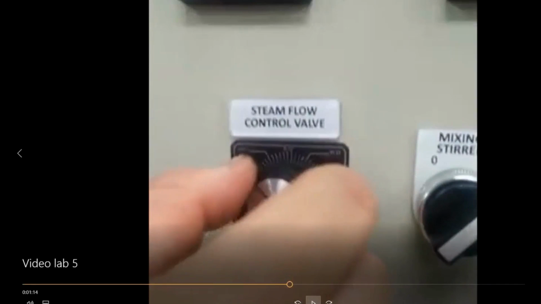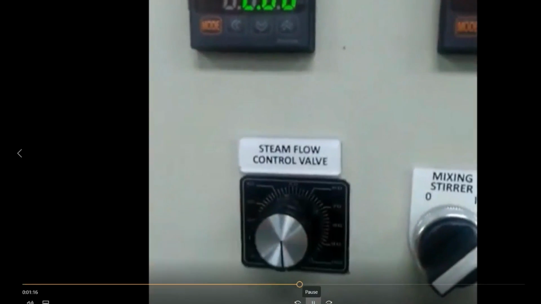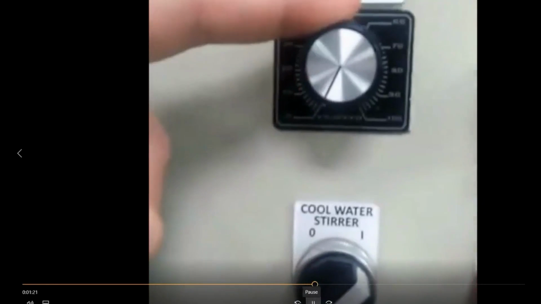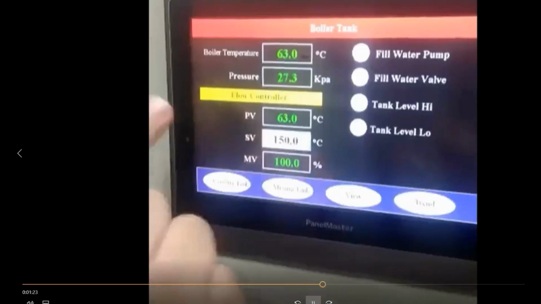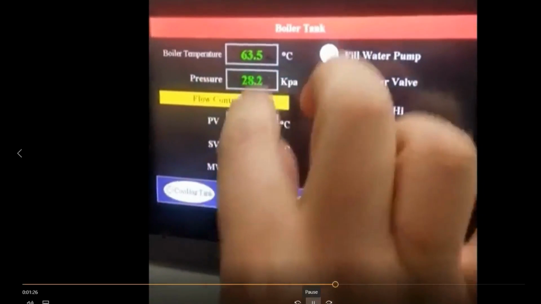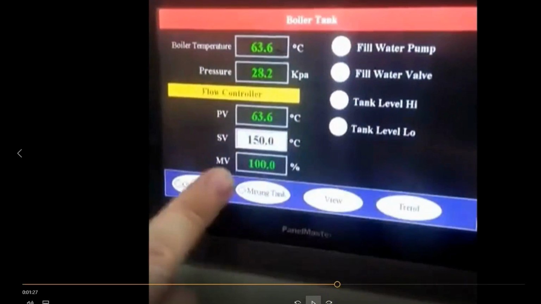And turn off the steam flow control valve by turning it counterclockwise. Then we need to wait for some time for the water inside the boiler tank or hot tank to achieve 150 Celsius.